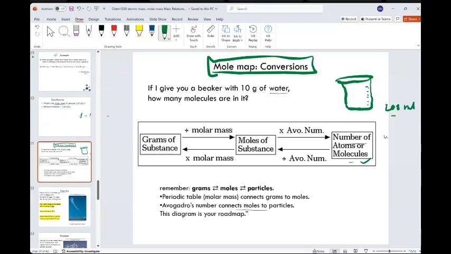And this is really, really very important concept in chemistry. To be able to convert grams to moles to number, or the other way, it is a really good skill and very important.